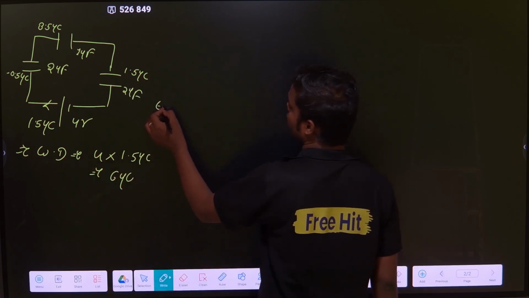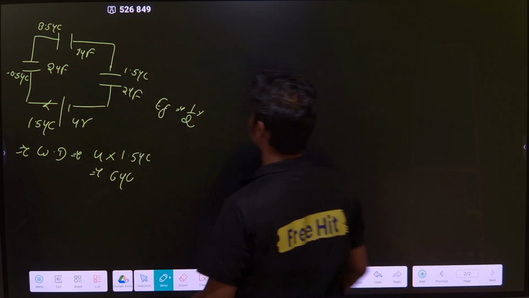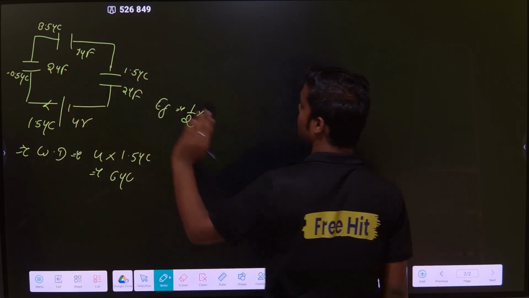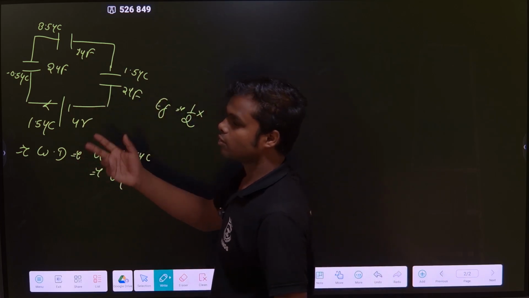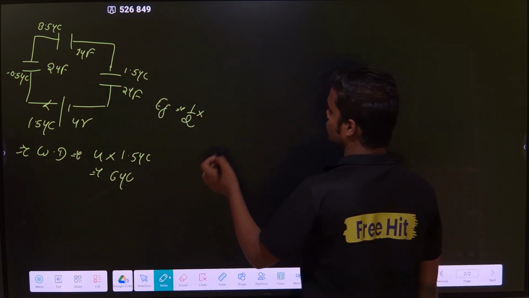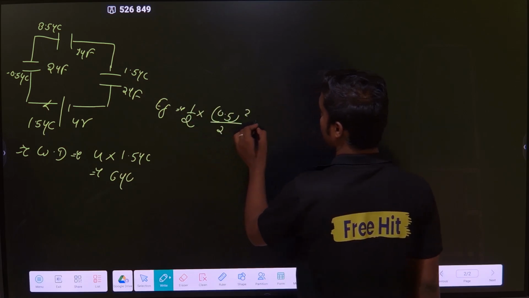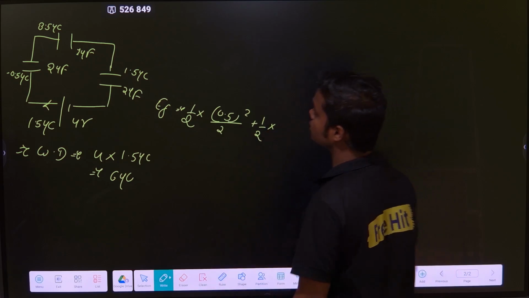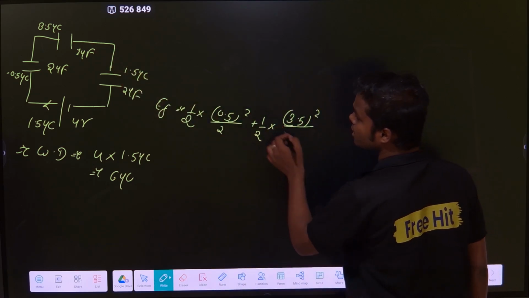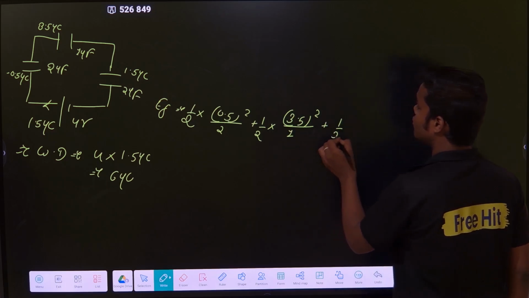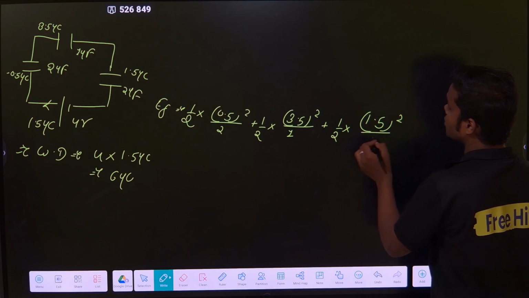Now what is the final energy of the system? You will calculate half q naught square by c, that is one formula we know. So just use q naught square by c. That is this much by 2, plus half into the charge on this, 3.5 square divided by c, plus half into 1.5 square divided by 2.